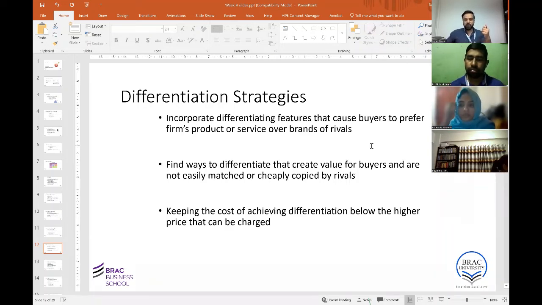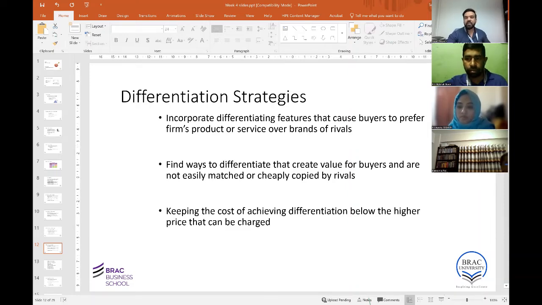What is differentiation? Differentiation is all about incorporating differentiating features so that customers can easily differentiate your brand compared to others. Think about examples. When it comes to automobiles, we see a lot of the time that brands like Toyota, while cost leadership is one of their strategies, also try a bit of differentiation strategy as well.